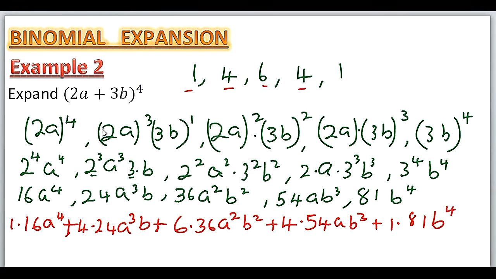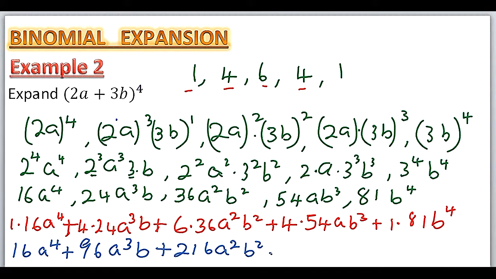So we have 16 a to power 4 plus 24 multiplied by 4, we will get 96, so we have 96 a cubed and b, then we have 6 multiplied by 36, we will have 216 a squared b squared plus 4 multiplied by 54, you get 216 a b cubed, and finally we have 1 multiplied by 81, you get 81 b to power 4, and that is the expansion of our binomial there. That is 2a plus 3b raised to power 4.